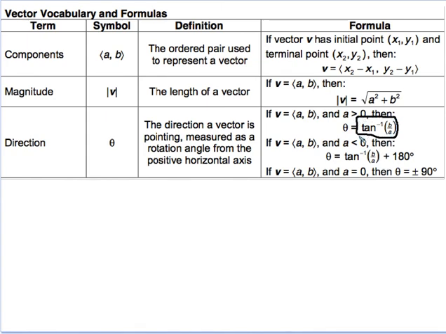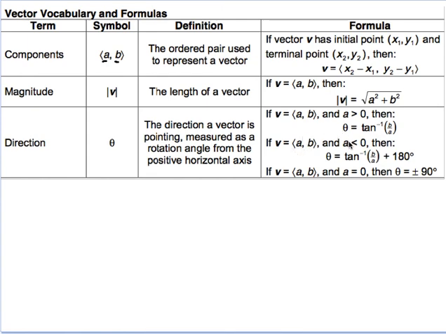Remember, the ratio for tangent is y over x. Y is going to be our b value, x is our a value. And if I know my ratio, then I can find my angle by doing the inverse of that tangent.